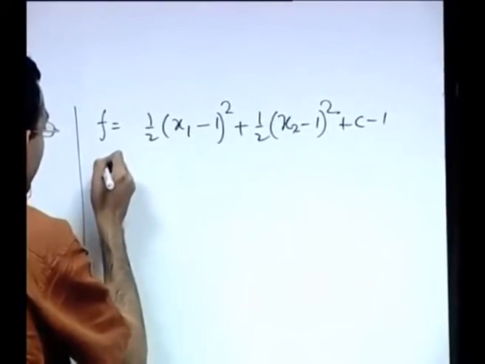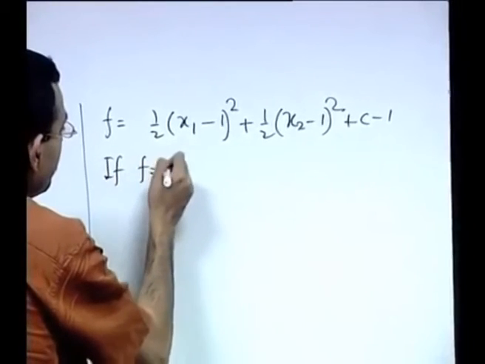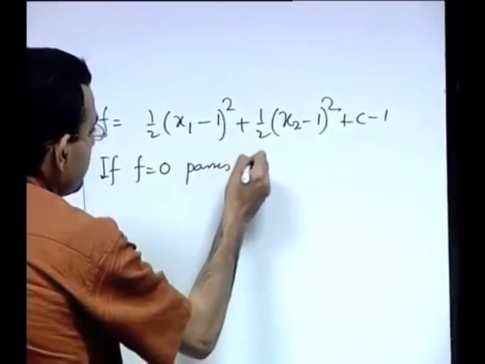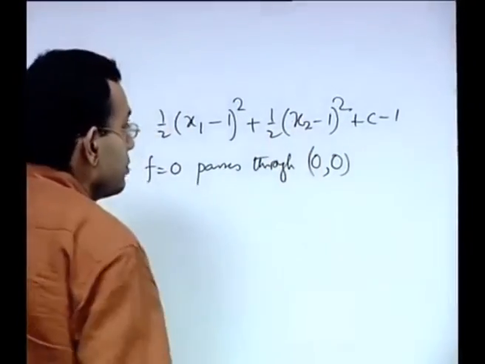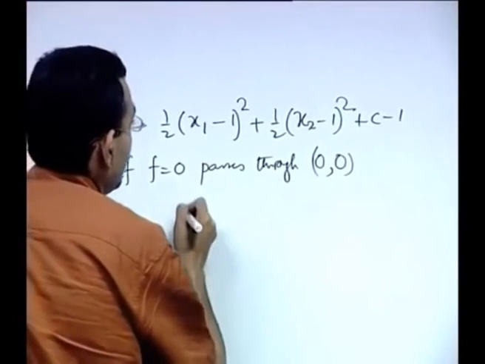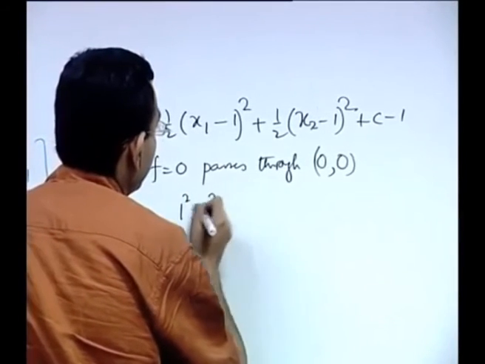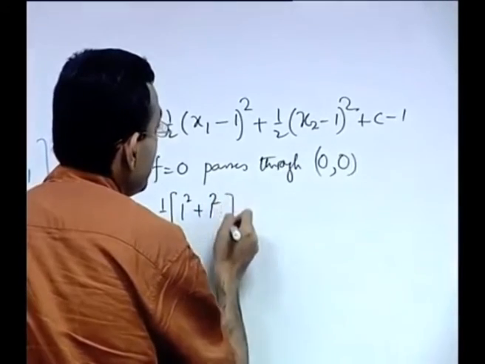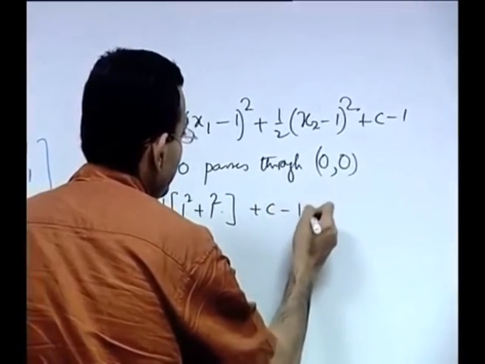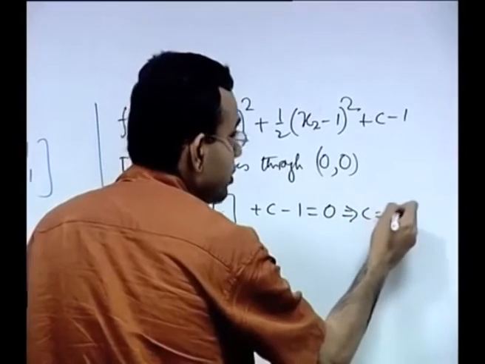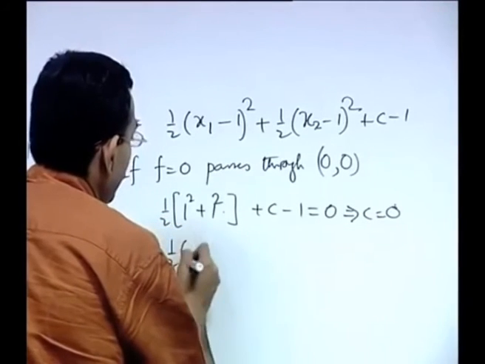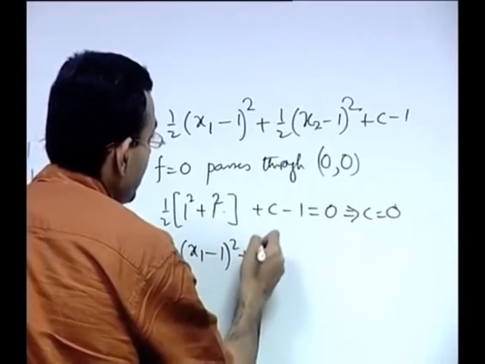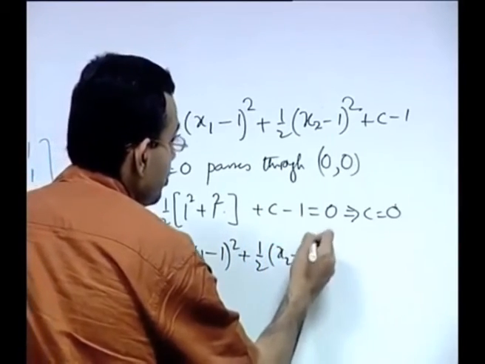So if f equal to 0 passes through 0 comma 0, which is your initial starting point, then you have half into 1 square plus 1 square plus c minus 1 equal to 0. That means c equal to 0. So then you have half of x1 minus 1 whole square plus half of x2 minus 1 whole square equal to 1.